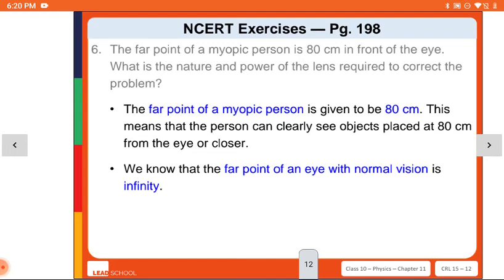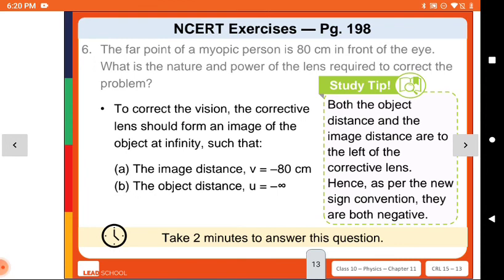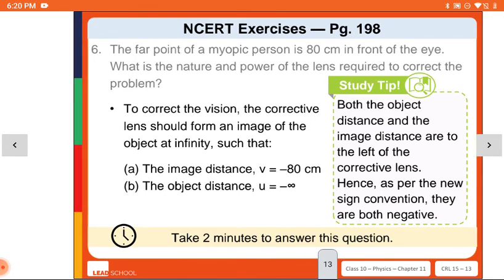That means it can clearly see objects placed 80 centimeter from the eye or closer. We know that the far point of a normal vision is infinity. So according to the numerical, the image is formed at v equal to minus 80 centimeter and the object is at minus infinity.